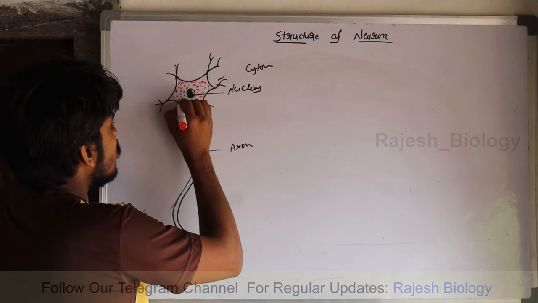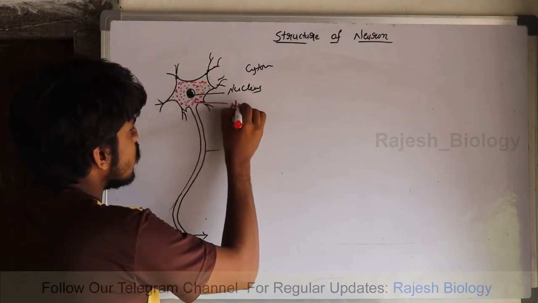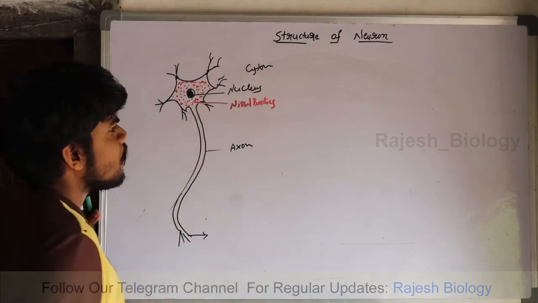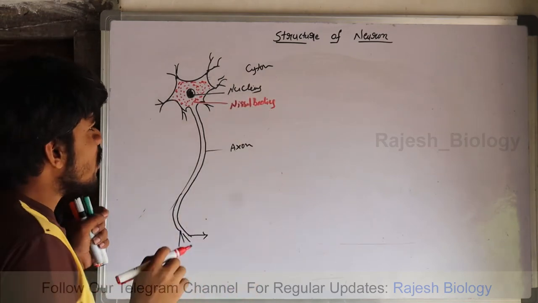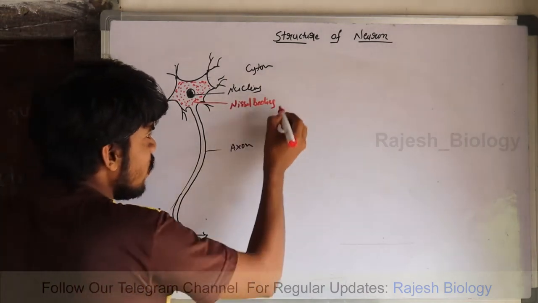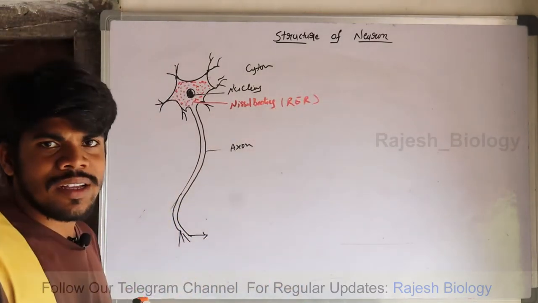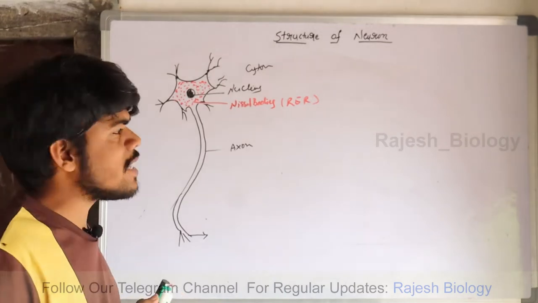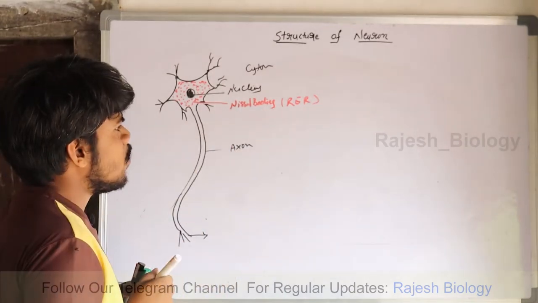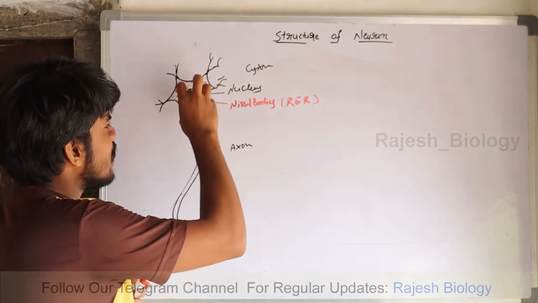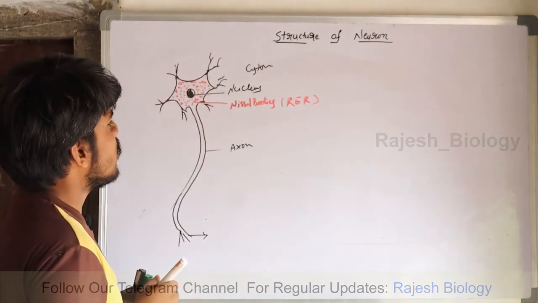These granules are known as Nissl granules or Nissl bodies. And Nissl bodies are nothing but rough endoplasmic reticulum. That means ribosomes, protein synthesis area. These Nissl bodies are present in the cytoplasm.